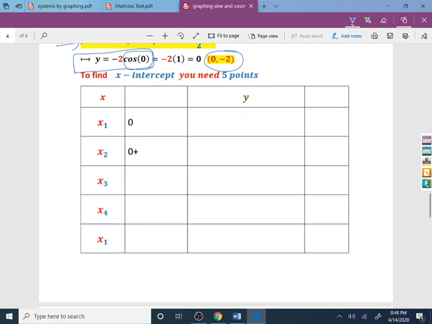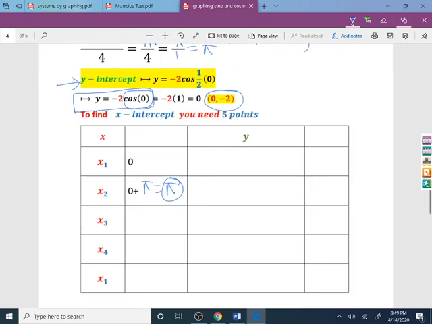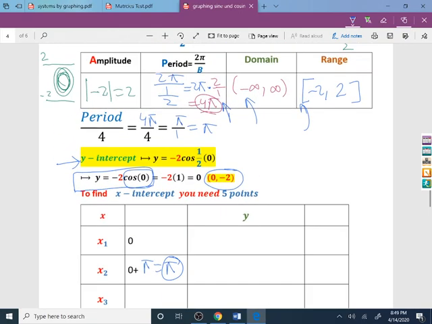Now, x is 0, and we know that we have to add all the time pi, right? The first one, pi, plus pi. We're lucky because we have a whole number. Then the first value is pi. Okay, I know that blue here.